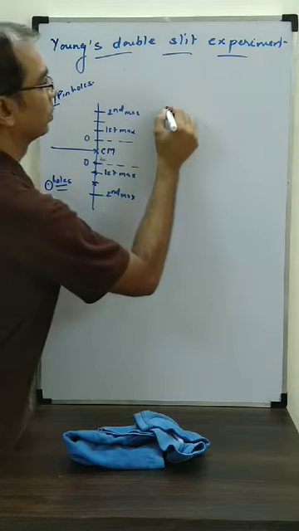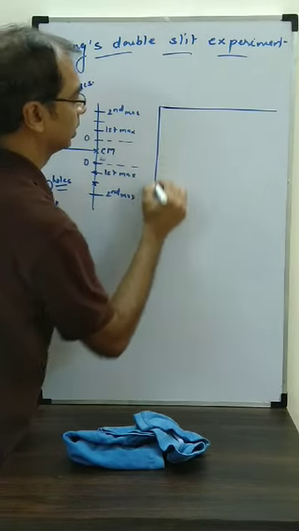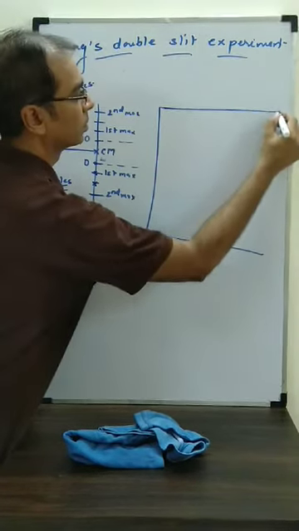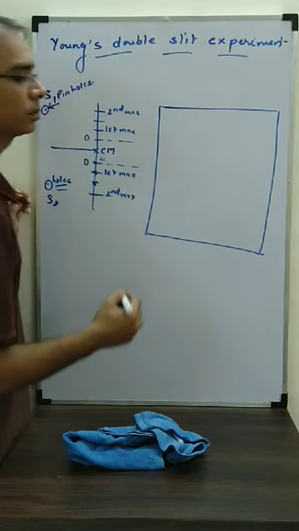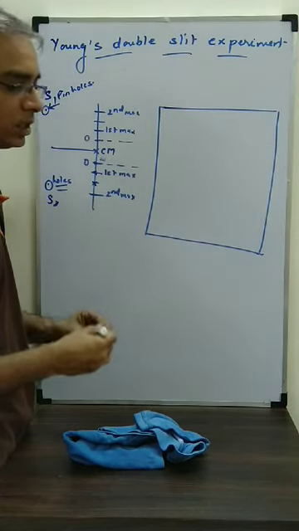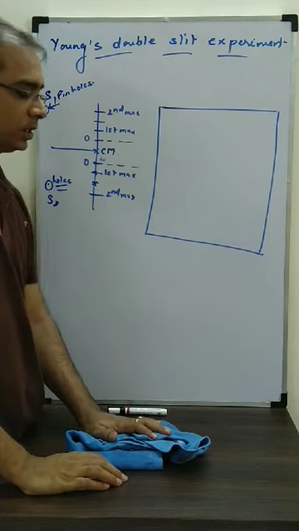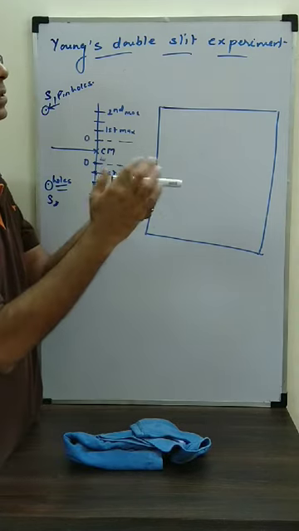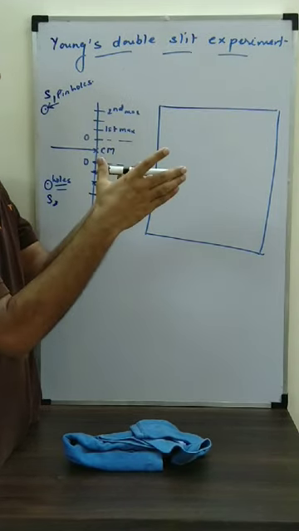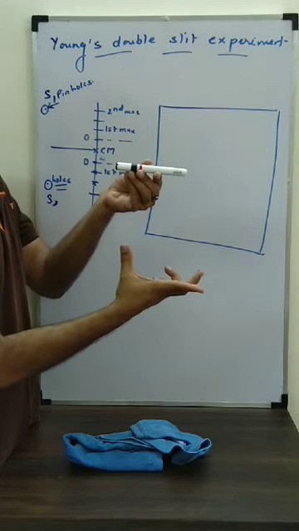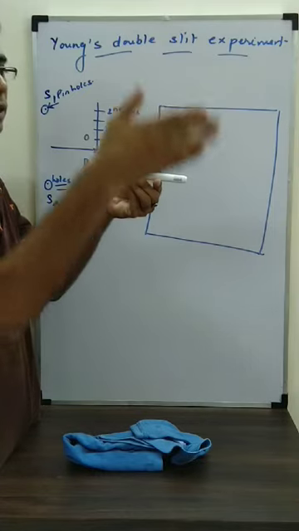That we need to check now. Okay, let's see. This is the screen. Now we have to understand the difference between slit and pinholes. Slit means something like this, from here the light is passing. Same way another one is here from which the light is passing. And here is the screen.